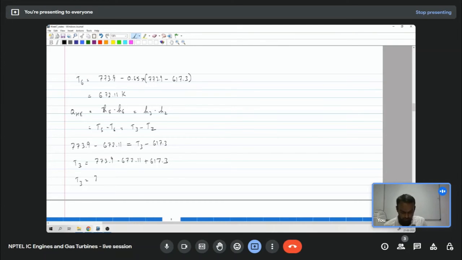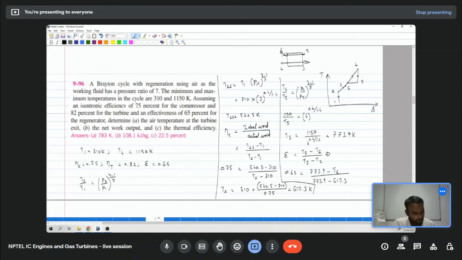This is 719.09 Kelvin. This is the temperature at the inlet of the combustion chamber. Now the temperature at the turbine exit is found, and the net work output has to be found.